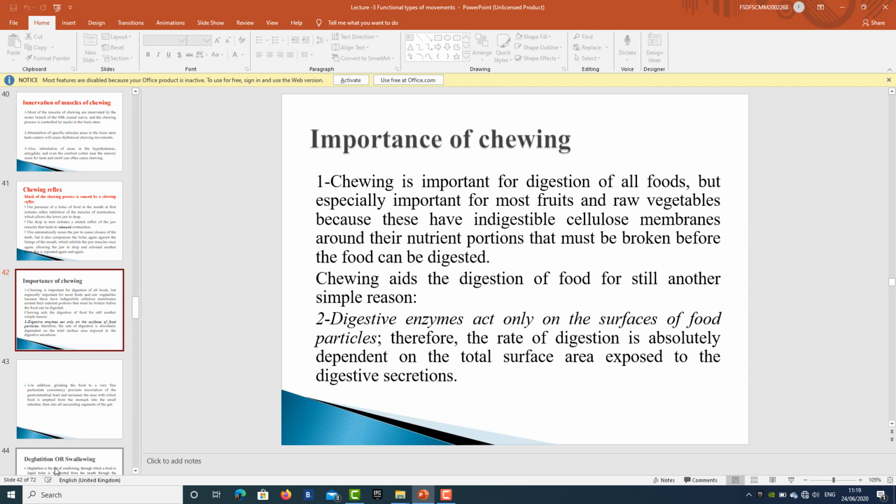Chewing aids the digestion of food for still another simple reason. Why? Because the digestive enzymes act only on the surfaces of food particles. Therefore, the rate of digestion is absolutely dependent on the total surface area exposed to the digestive secretions.